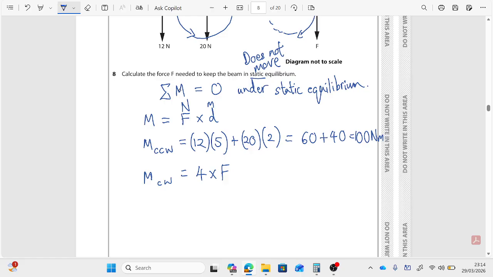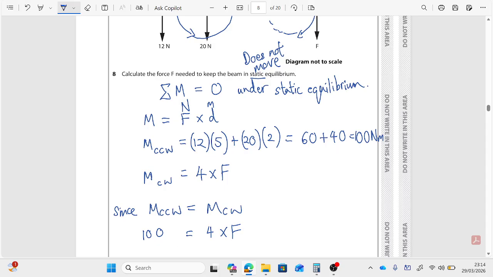Now, sum of moment equal to 0, meaning the left-hand side must equal the right-hand side as well. So essentially, MCCW must equal MCW, so I can then write 100, forget about the units for now, must equal 4 times F.